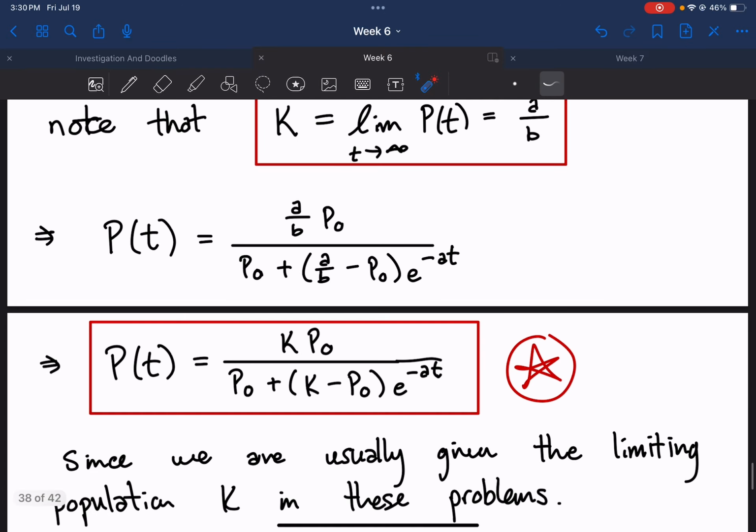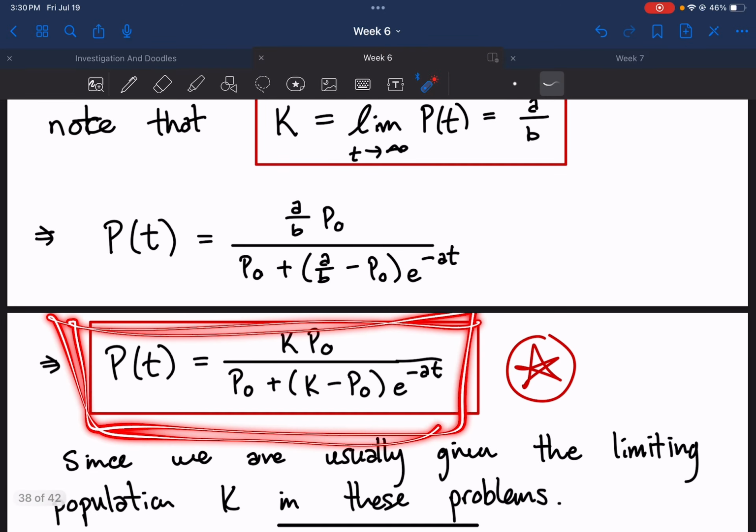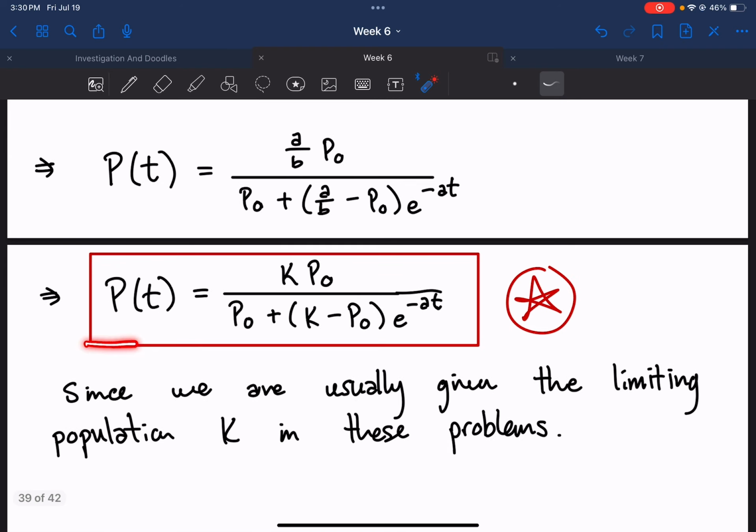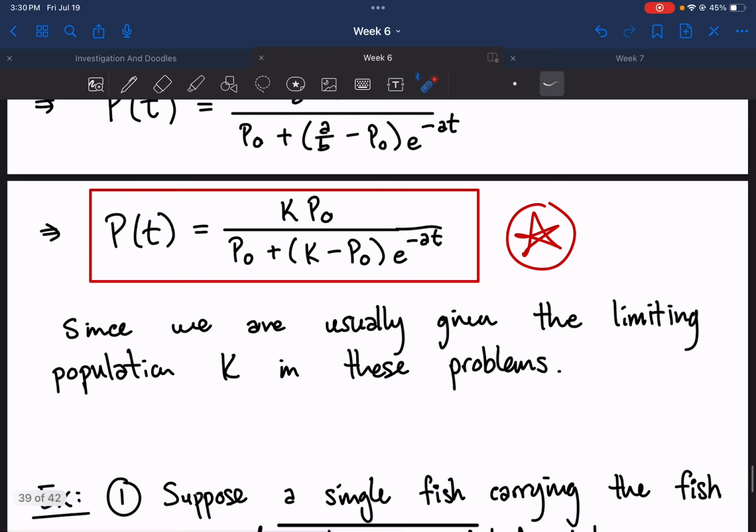So this is the general solution. Please just memorize this for the logistic model, since we're usually given the limiting population in these problems.